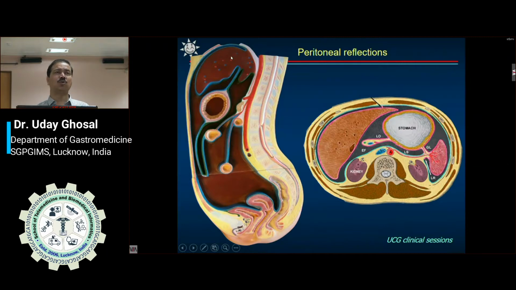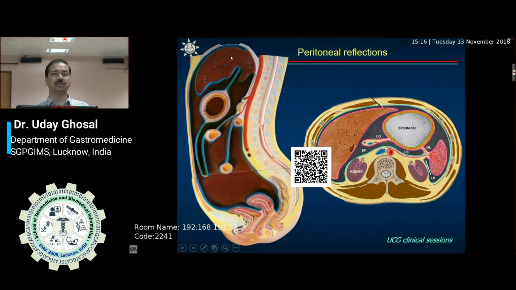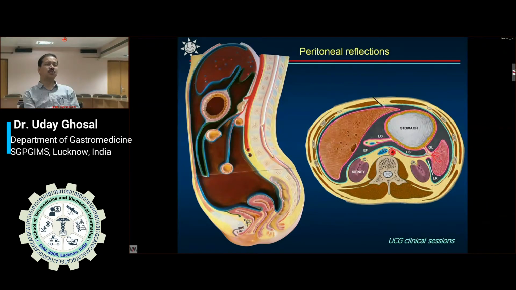Then from around the caudate lobe, this peritoneal reflection becomes the anterior leaf of the lesser omentum. Also there is a posterior leaf of the lesser omentum. So now you see that the lesser omentum is encircling the stomach. Subsequently from the greater curvature of the stomach, it is coming down as the greater omentum.